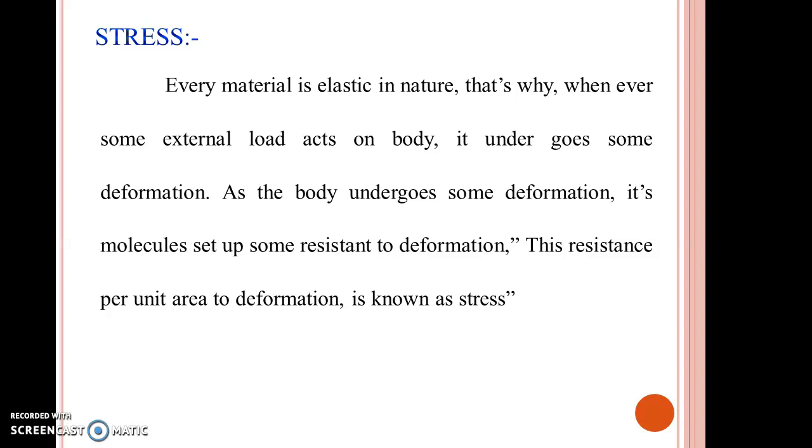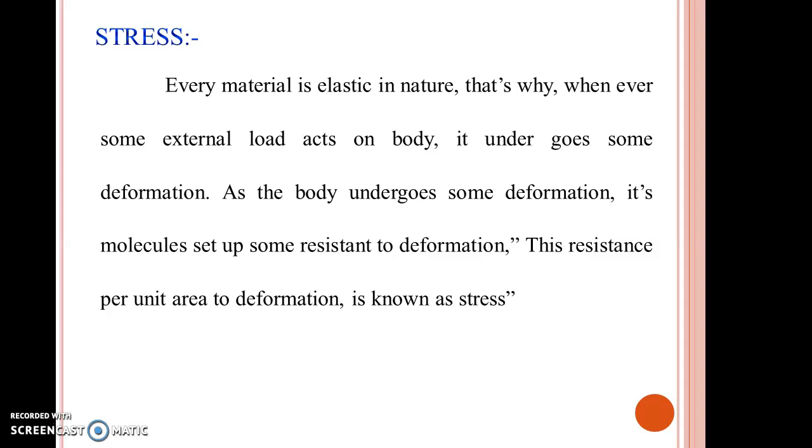If there is a square and you apply the load on the topmost area of the square, then the area is A into A, which we call the cross-sectional area. That's why I repeated here, the deformation per unit area is known as stress. That means stress is equal to force upon area.